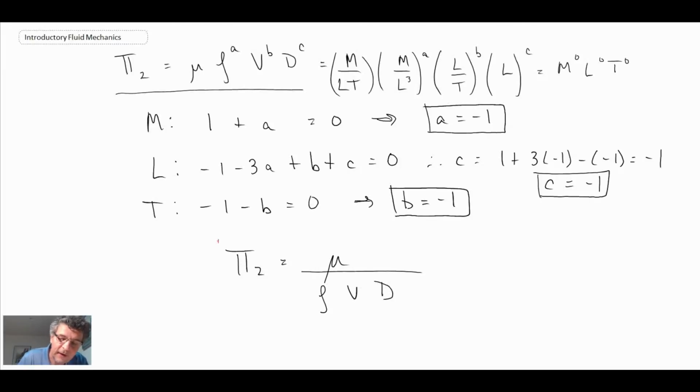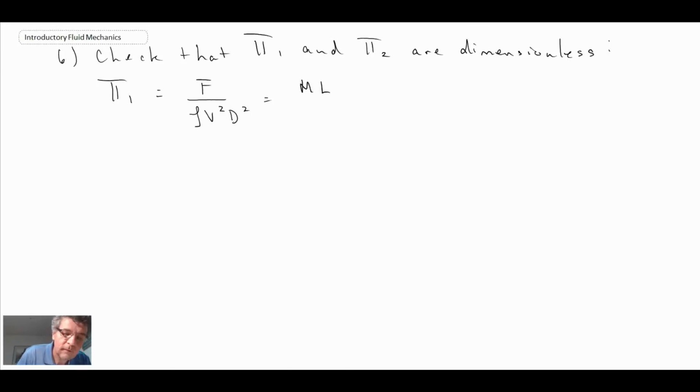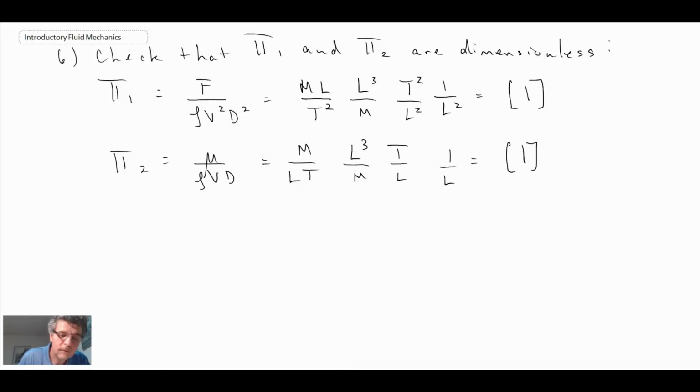And that is our second non-dimensional pi group through this process for a sphere. So, looking at Buckingham pi, the next step is step 6, where we have to check the dimensions. So let's do that. So we find those are both dimensionless, which is good. That means that we did our work right.